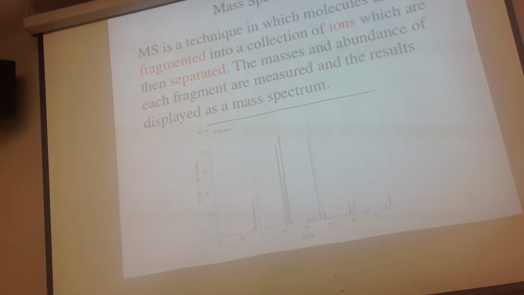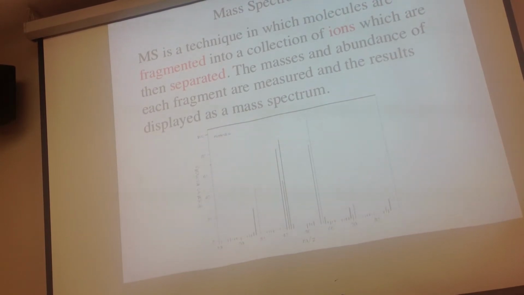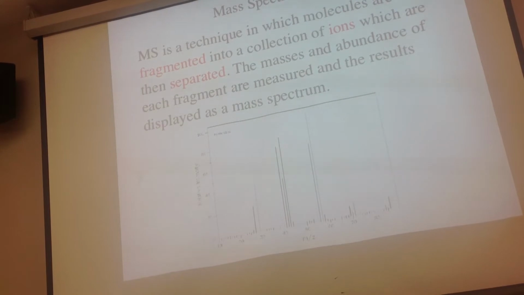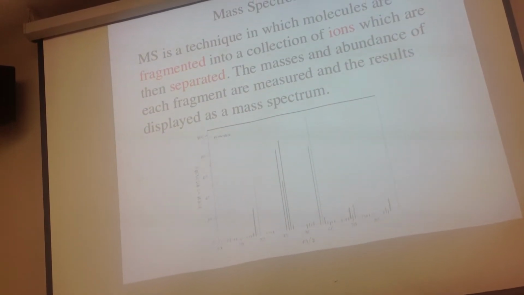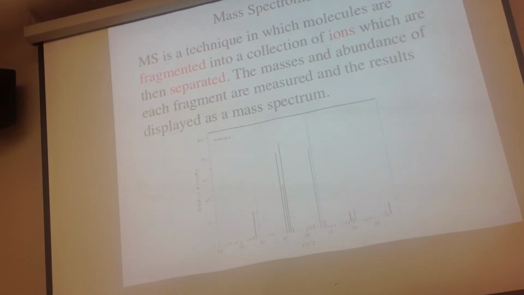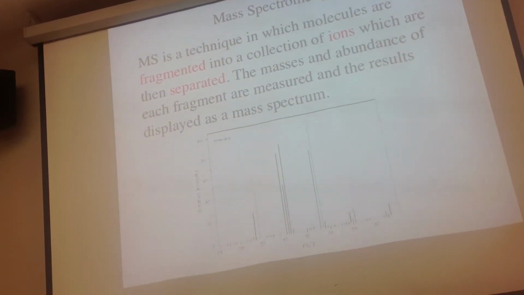Now the mass to charge ratio can be affected by the charge on the fragments. The fragments are charged when they blow apart, and the machine measures the mass of the fragment divided by its charge, which could get complicated if you had pieces that were +1 versus +2 versus +3.